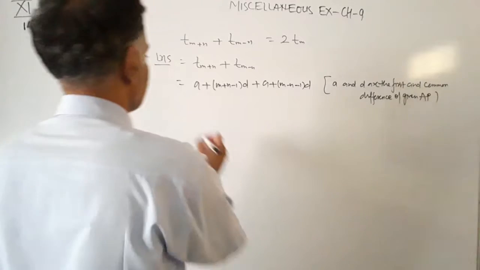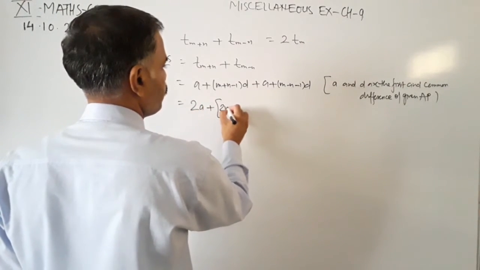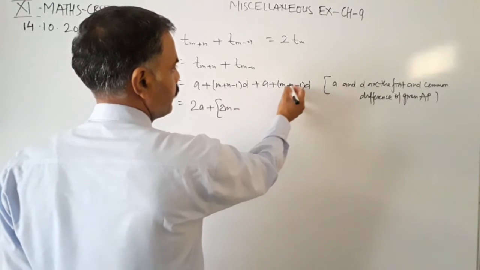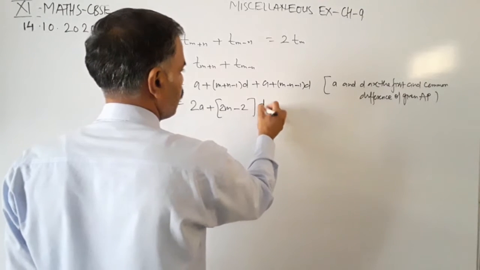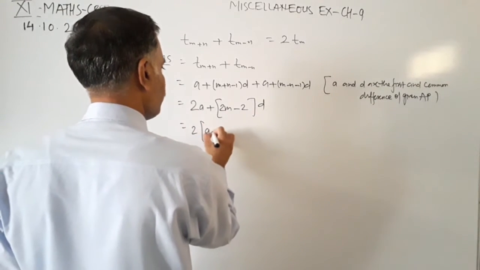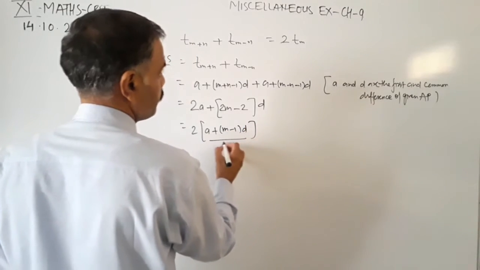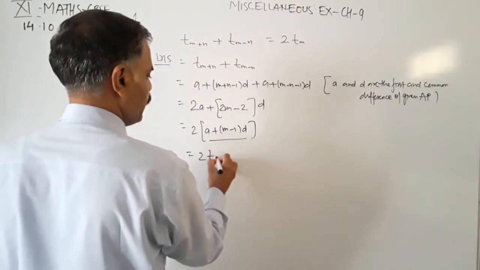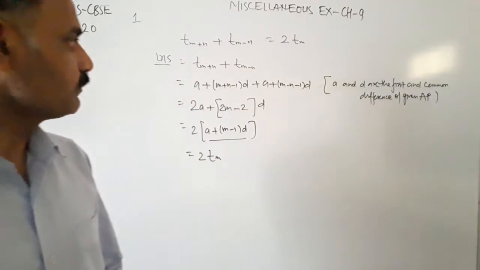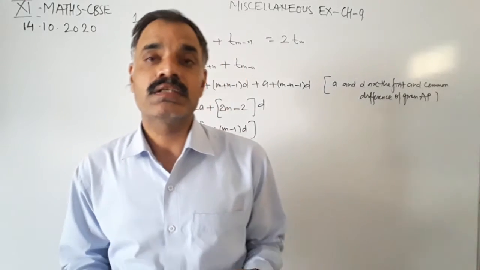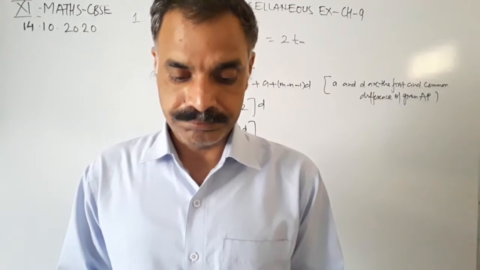So this equals 2a plus (2m-2) into d. So this is 2 into (a plus (m-1) into d). This is the mth term, so 2 into tm. Okay, so this is question number first of the miscellaneous exercise chapter number 9.